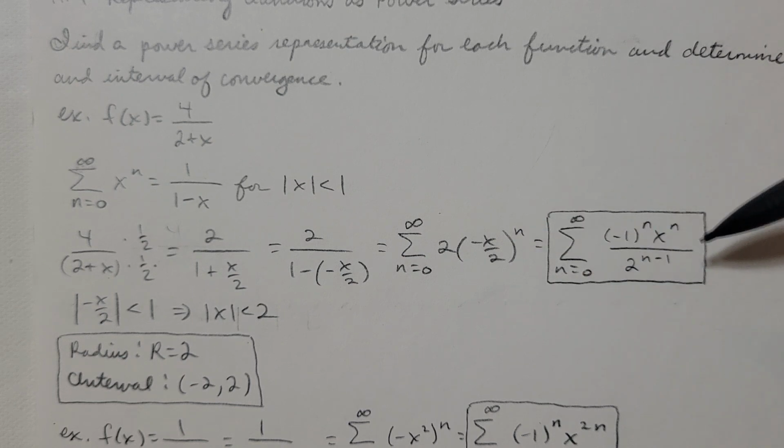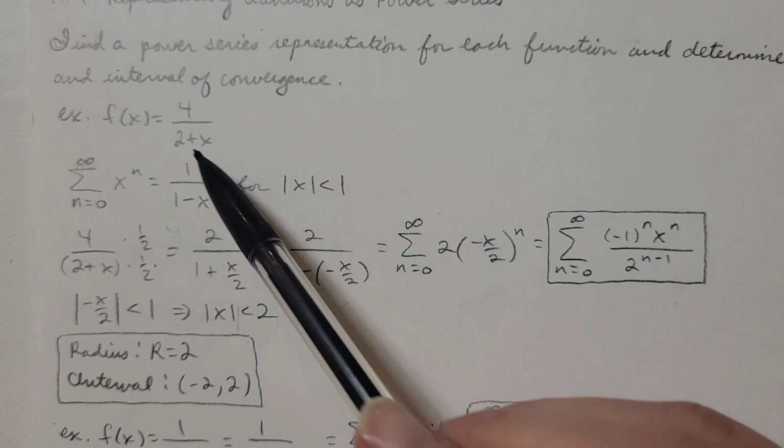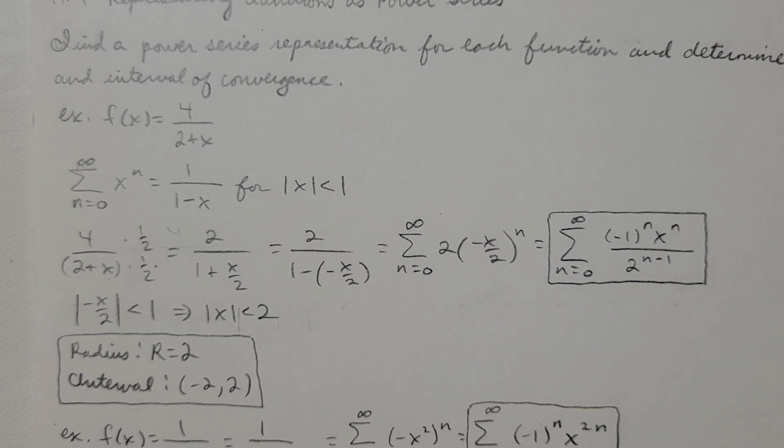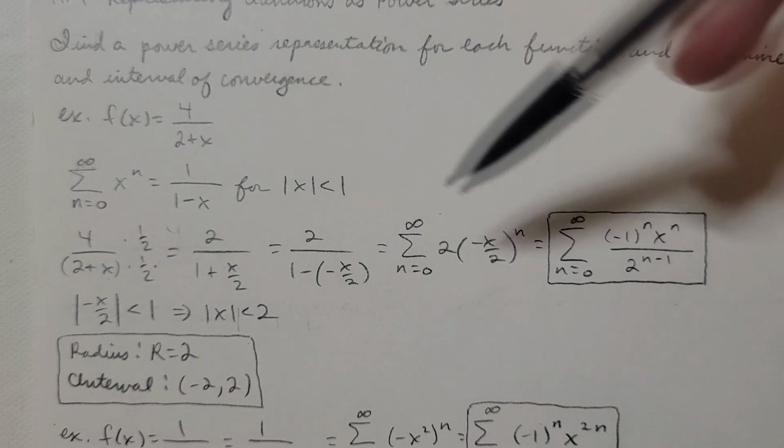This is as simplified as we can get it, and that's my answer. That's the power series representation. So f of x equals 4 divided by 2 plus x, and the summation from n equals 0 to infinity of negative 1 to the n times x to the n divided by 2 to the n minus 1 means the same thing. These are both the same thing.